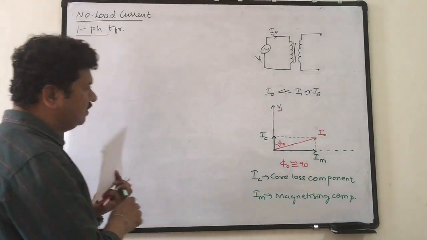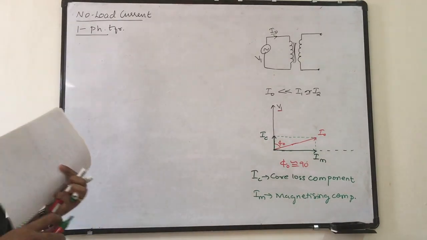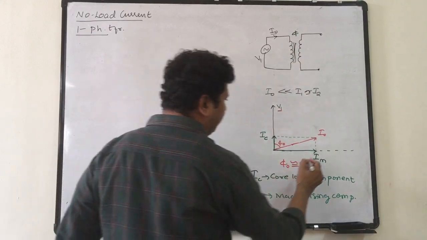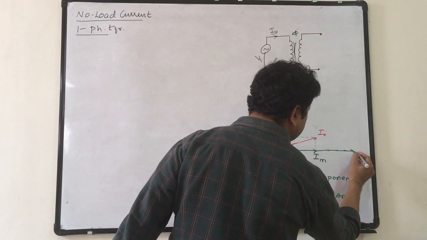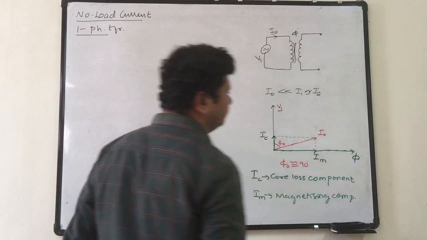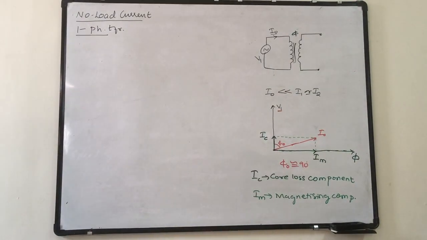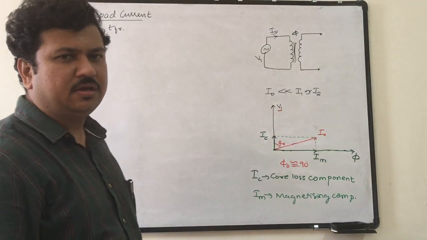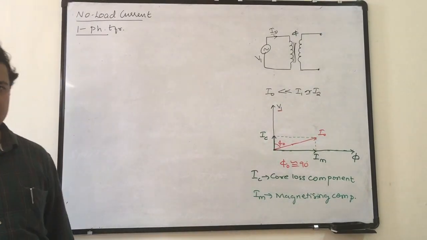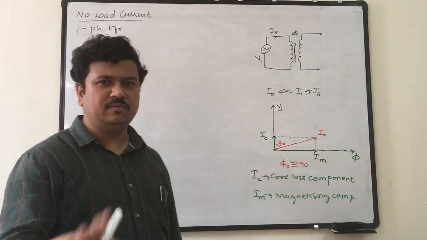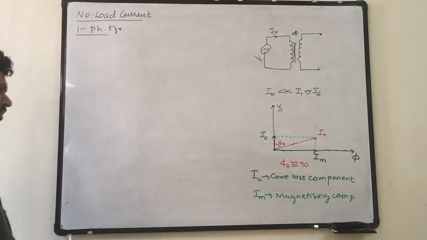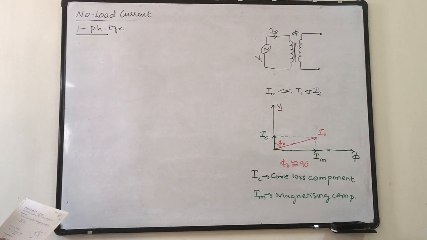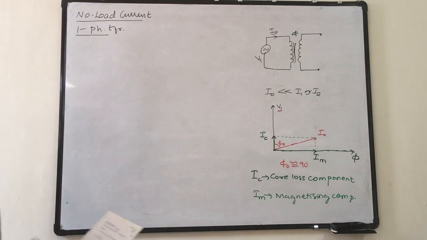The flux phi produced by the primary of the transformer will always be in phase with the magnetizing current, so it is called the magnetizing current. The flux produced because of any current flow in the winding will always be in phase with that current. So flux and magnetizing current are always in phase. This is my no load component of the total current.